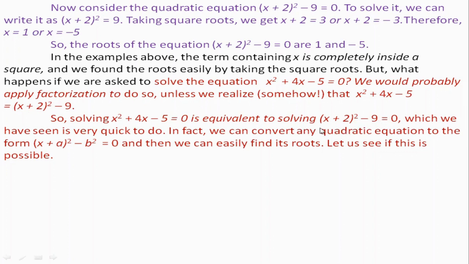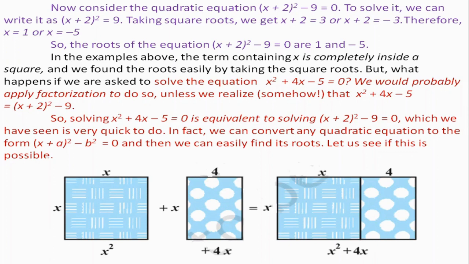So actually this becomes x plus a whole square minus b square equal to 0, and later on we can easily find its roots. Let us see if this is possible.